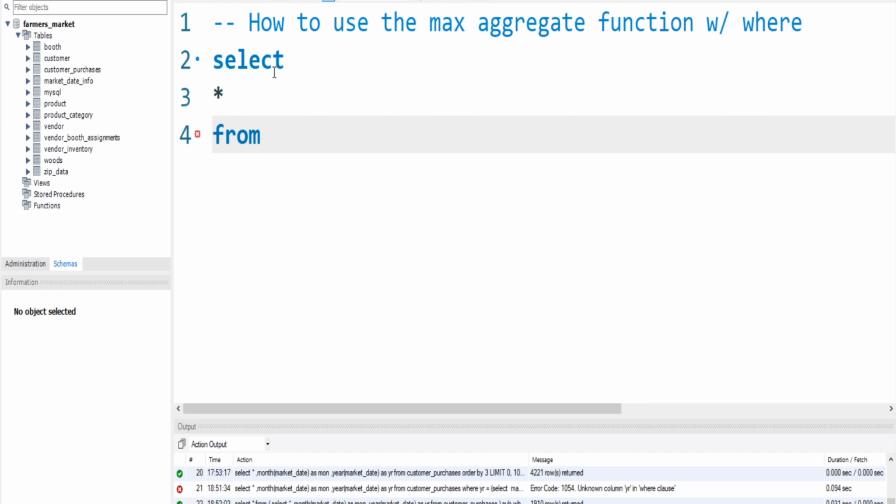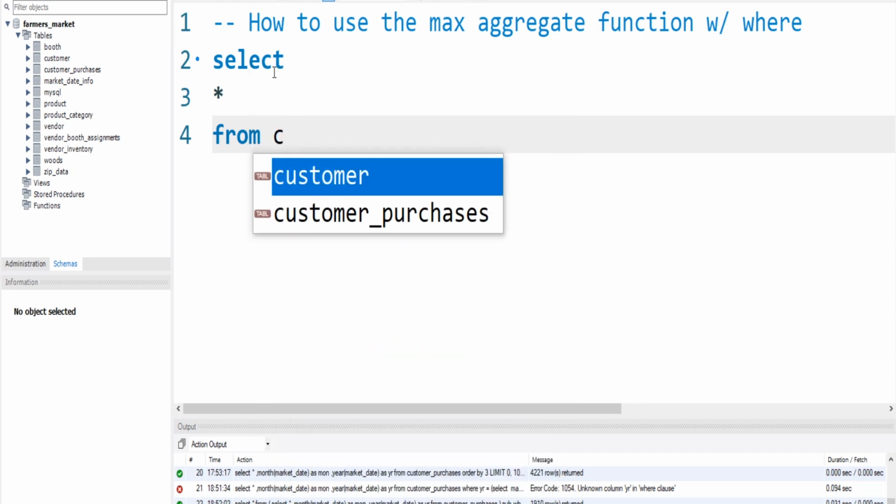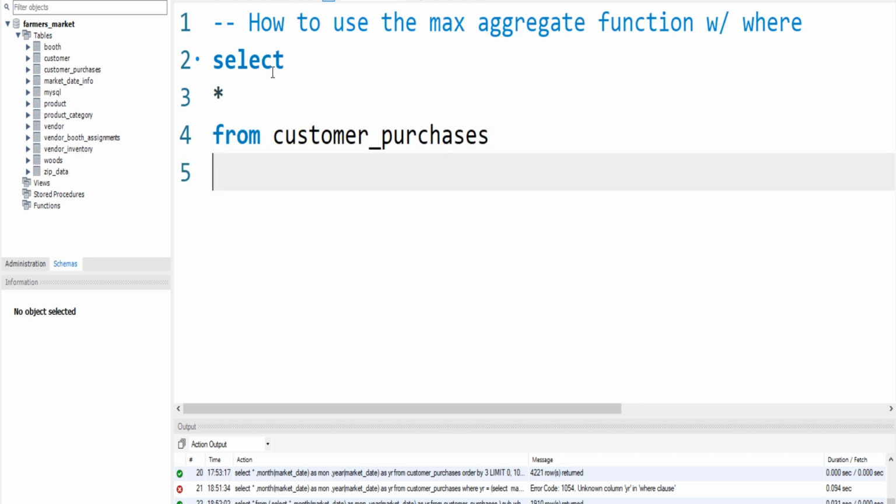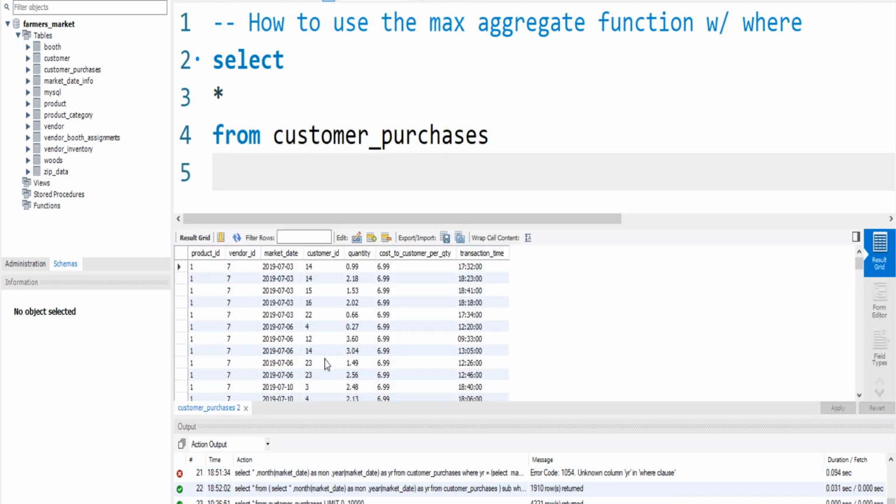So we're going to be looking at customer purchases. We run this, and we have all of this. What happens if I want the newest, the most max market day? That would be 10/10 of 2020.